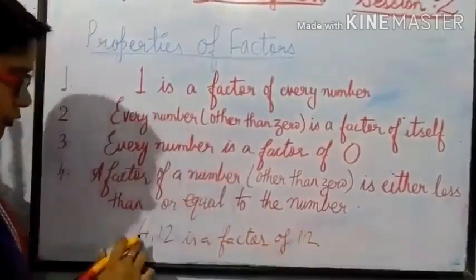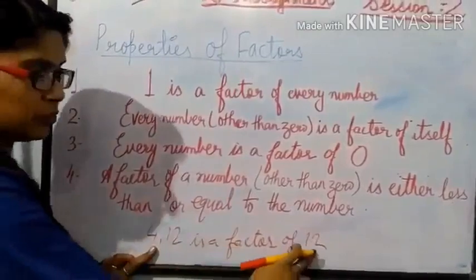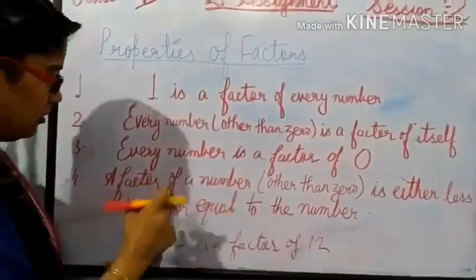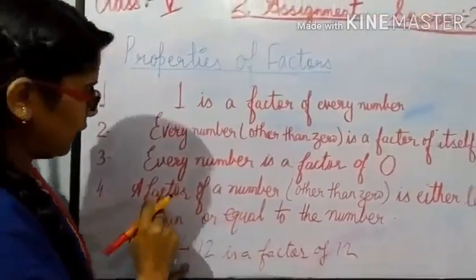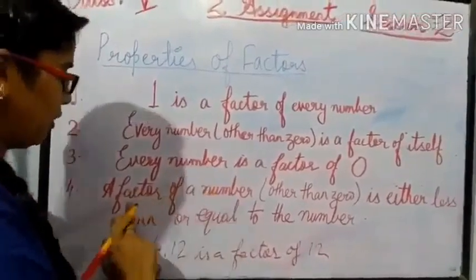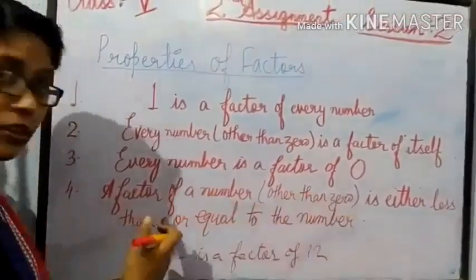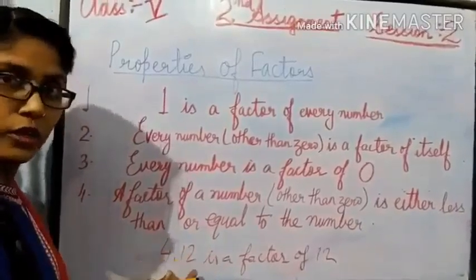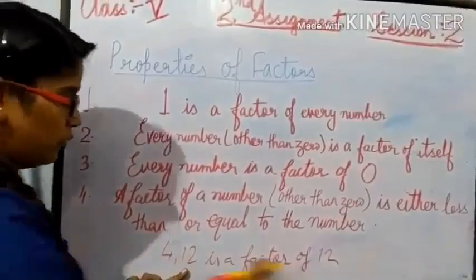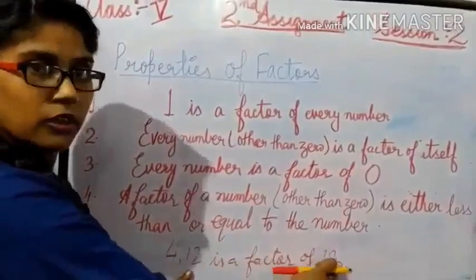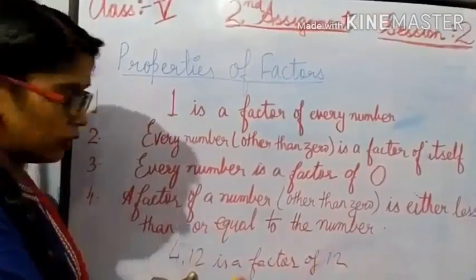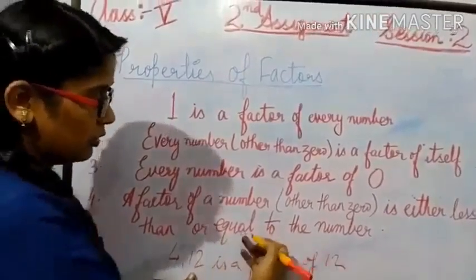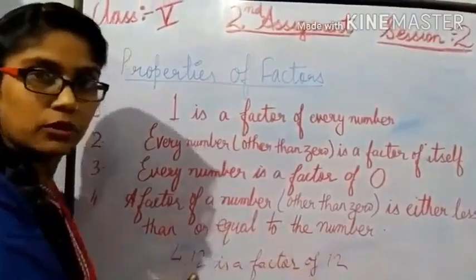Since 4 is dividing 12 three times, according to that, a factor of a number is either less than, so this is less than 12. Now 12 is completely dividing 12, so it is equal to the number.